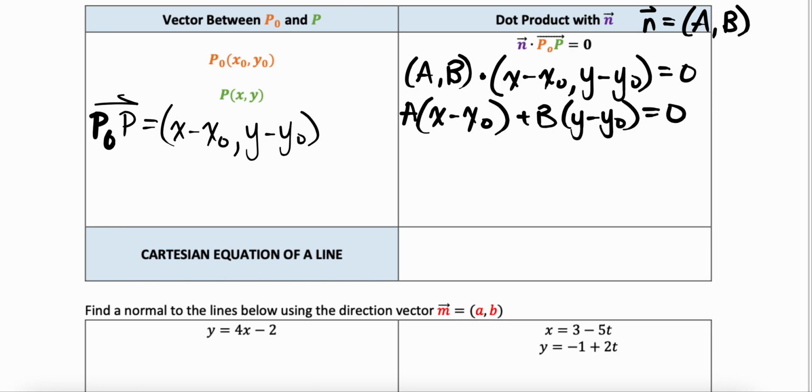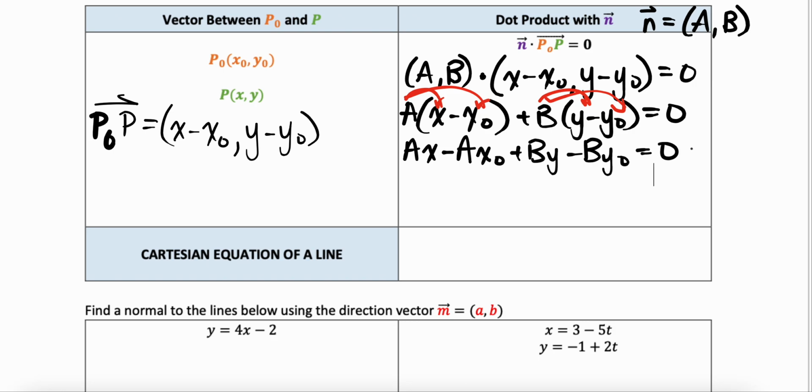If I use the distributive property to multiply that through, I'm going to get Ax minus Ax0 plus By minus By0, which is still equal to 0. I'm going to rearrange this so that I have my Ax and my By together, and then minus Ax0 minus By0 equals 0.